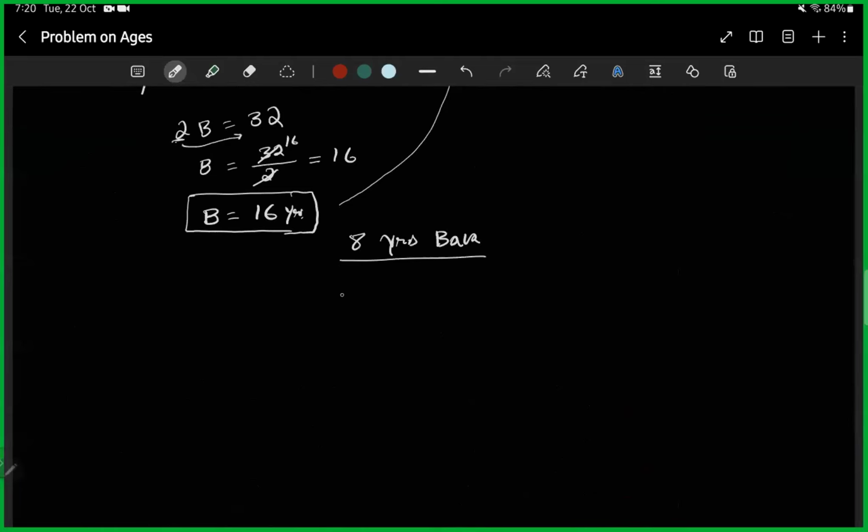For 8 years back, the father's age equals 40 years minus 8. The son's age, we took it as B equal to 16 years minus 8. What are we getting here? 40 minus 8 is 32, and B here is 8.